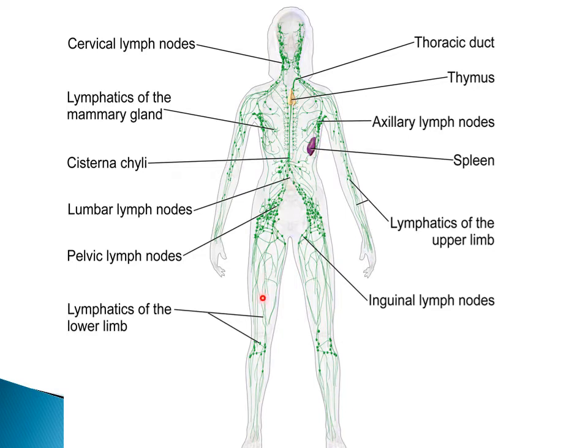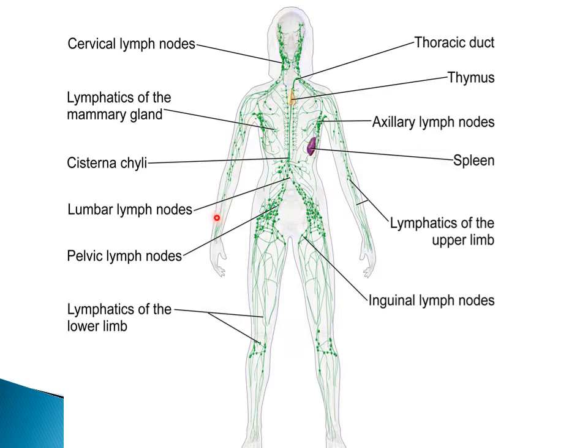So lymphatics from the lower limb will collect all the lymph from the lower limb, relay at the pelvic nodes or the lumbar nodes, and from there the lymphatics which go up will be the cisterna chyli, which continues as the thoracic duct, and thereby the lymph from the lower part of the body is taken to the upper part where it finally drains into the large veins.